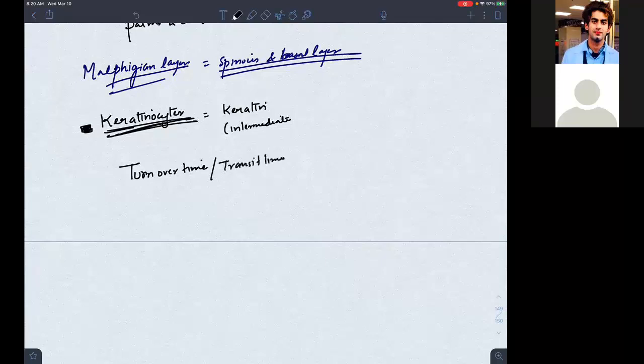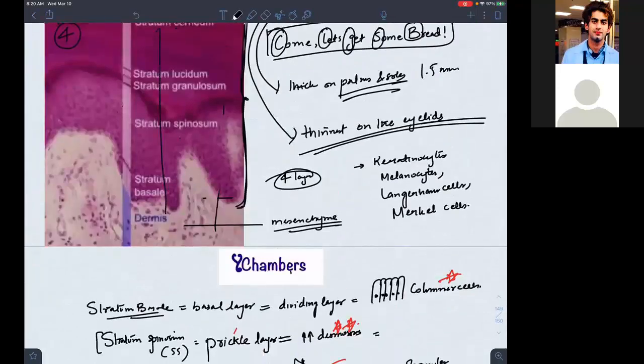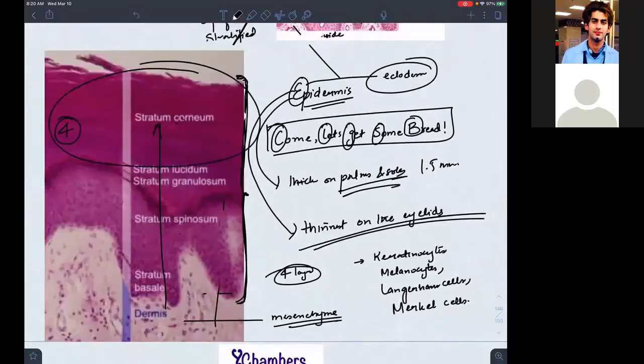There is a concept in keratinocytes. What is this time? The time taken for a basal cell to reach the surface, because you all have to shed, isn't it? All things are going up. The deadest part of the skin is the stratum corneum, isn't it?